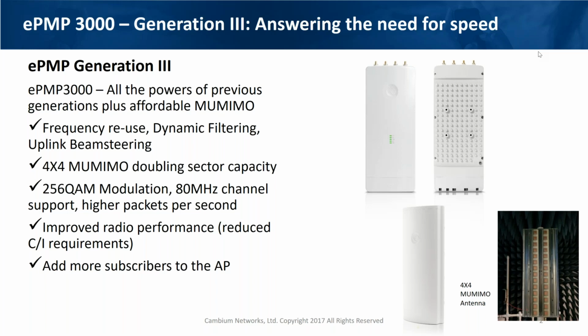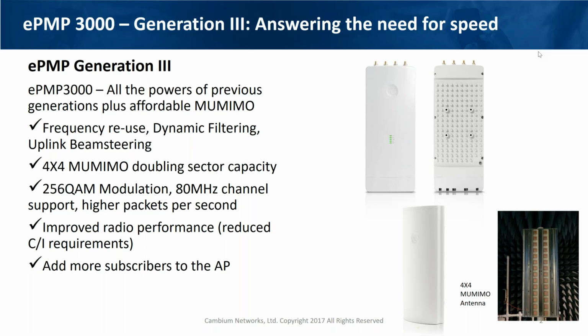That was what I would call our affordable platform that did GPS synchronization, specifically frequency reuse. It was a challenge in the WISP industry for a very long time that there wasn't an affordable platform that could do frequency reuse. And ePMP 1000 was our generation 1 product that broke through that barrier.